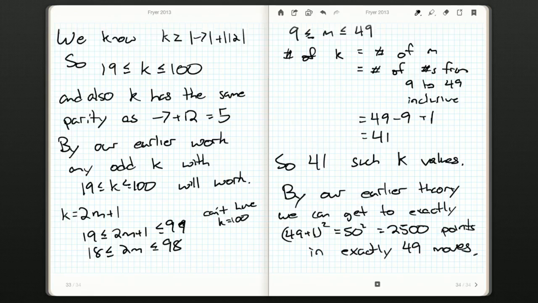Right, so a single sentence solution there, thanks to our previous work.